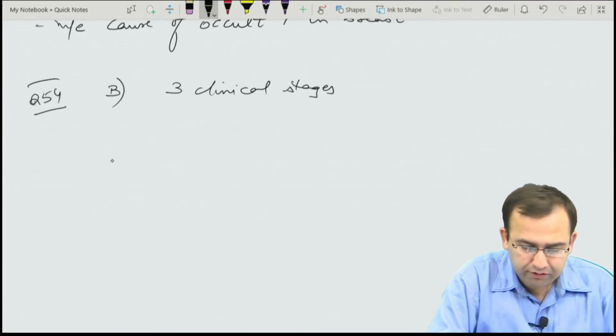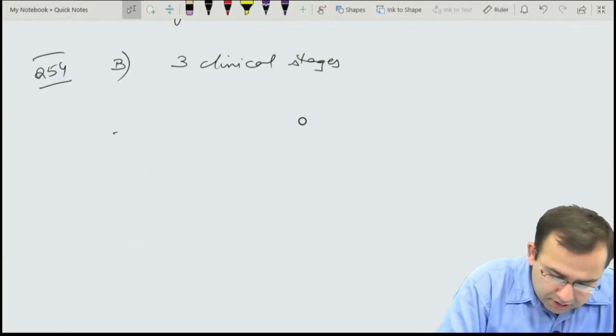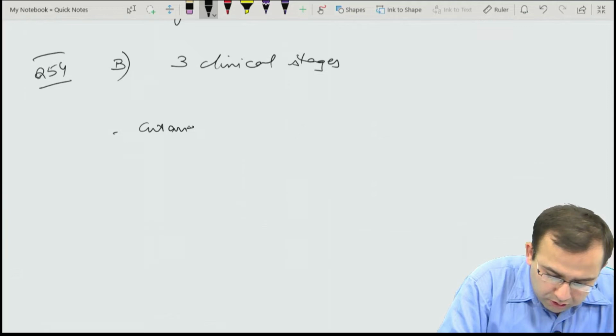Now, before we go further, we have already seen that mycosis fungoides and Sézary syndrome are the two cutaneous T cell lymphomas.